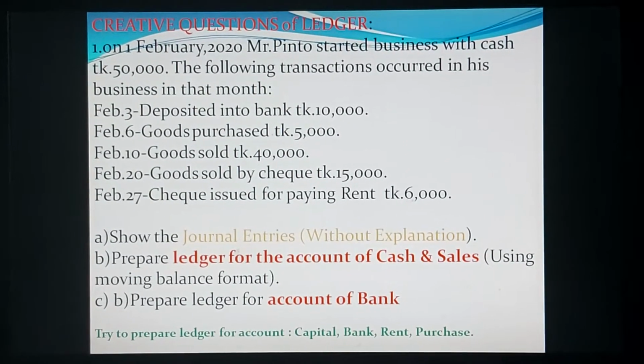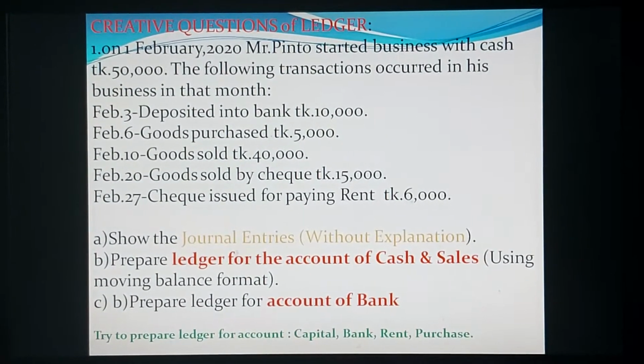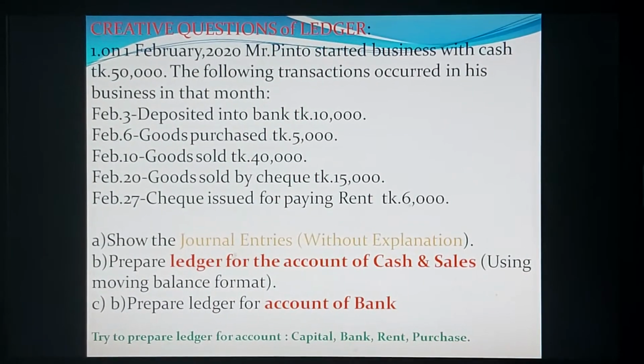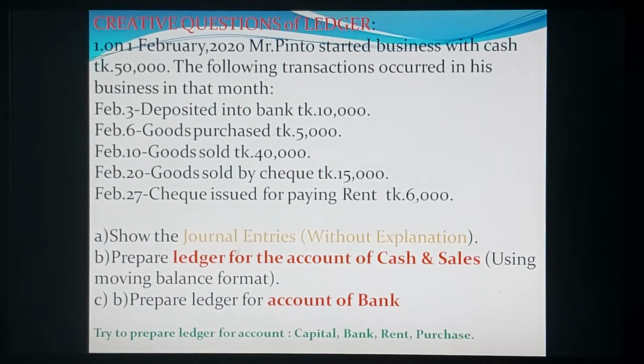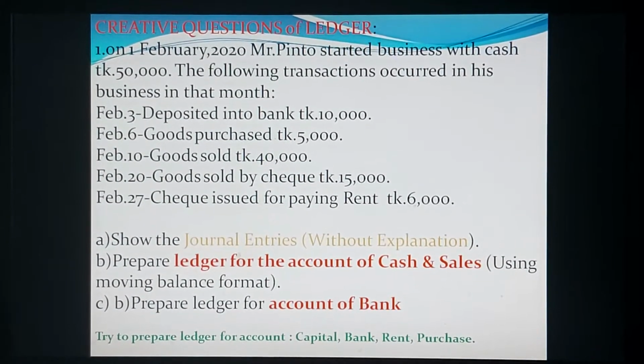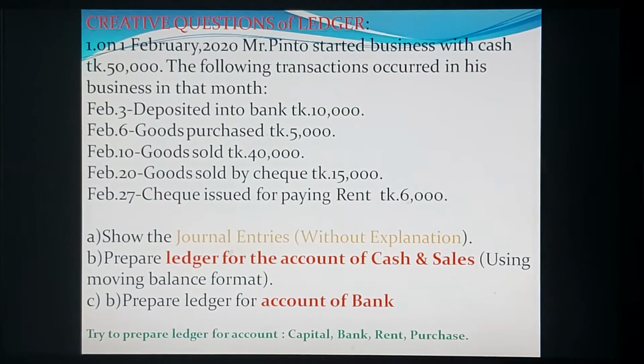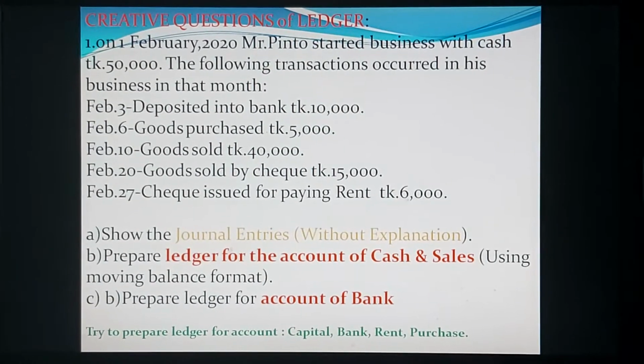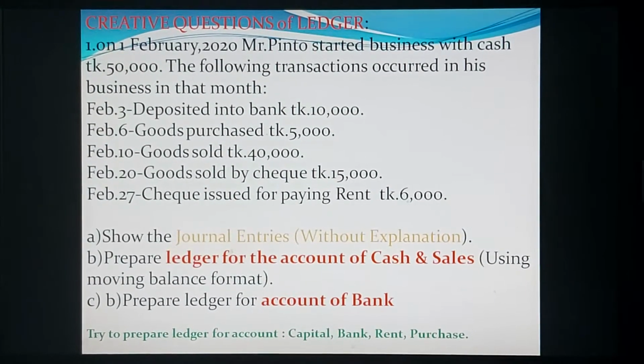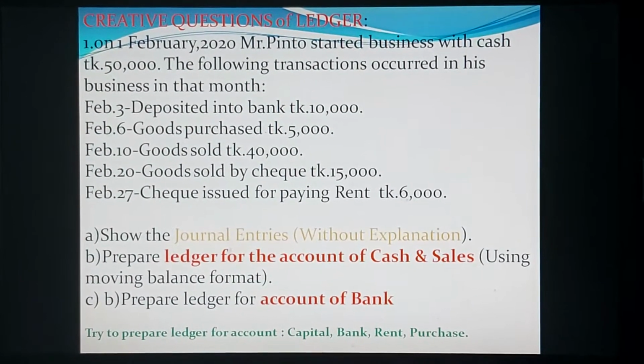February 3, deposited into bank taka 10,000. February 6, goods purchased taka 5,000. February 10, goods sold taka 40,000. February 20, goods sold by check taka 15,000. February 27, check issued for paying rent taka 6,000.